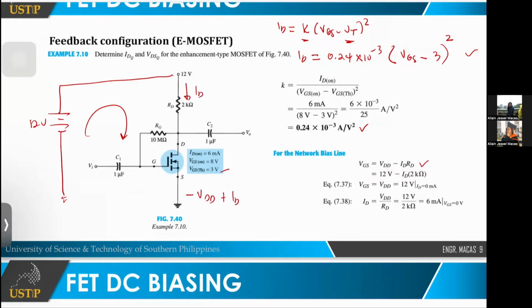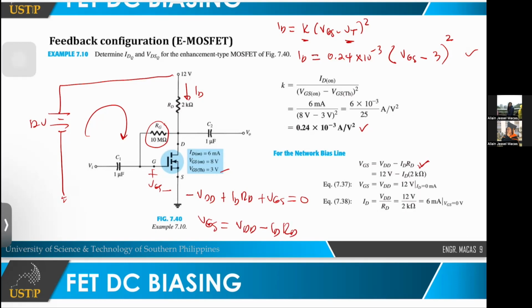Okay, plus IDRD. Kani wala naman kay zero naman imong gate current, so meaning zero ng voltage ana. So diretso na ta diri sa imuhang VGS plus VGS is equal to 0. That's why your VGS class transpose ng uban, that is VDD minus IDRD. So that is the same here.